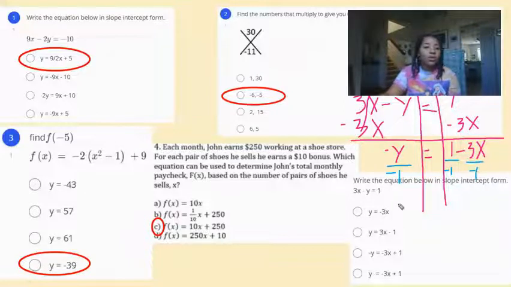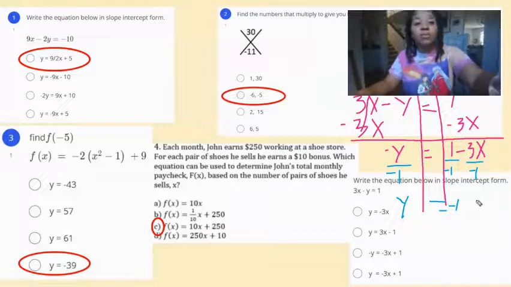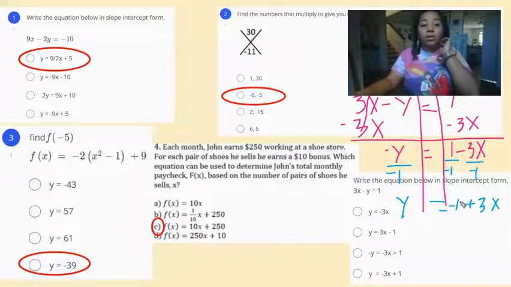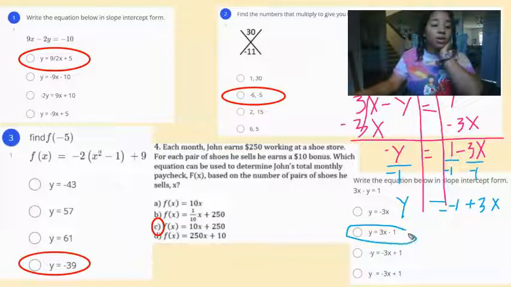That's going to change a few things. We're going to have y equals, this is going to turn into a -1, and this is going to turn into plus 3x. So now it should look like this, 3x minus 1. So this would be our correct answer. It would be B.